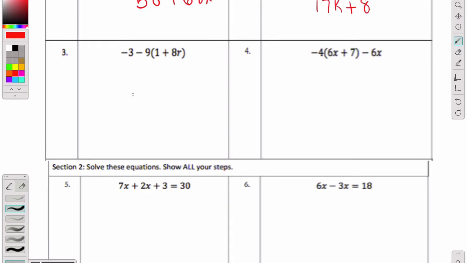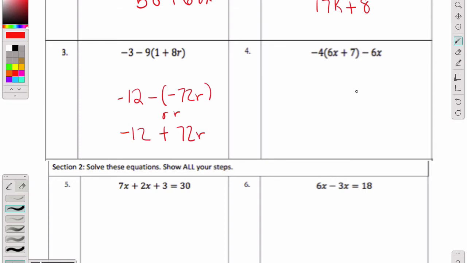So your answers could have been negative 12 minus a negative 72r, or you could have had negative 12 plus 72r.